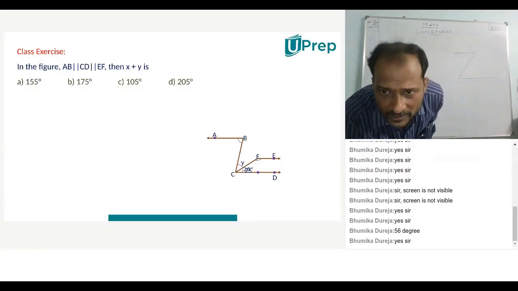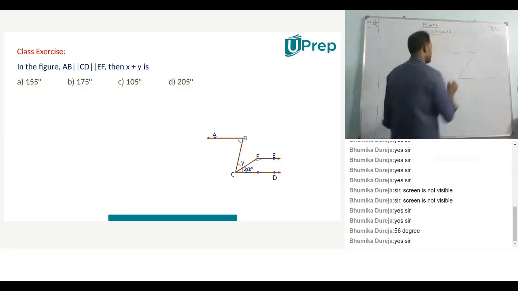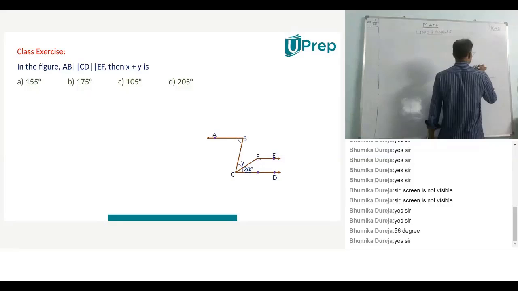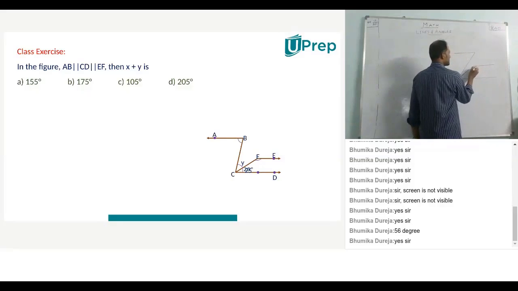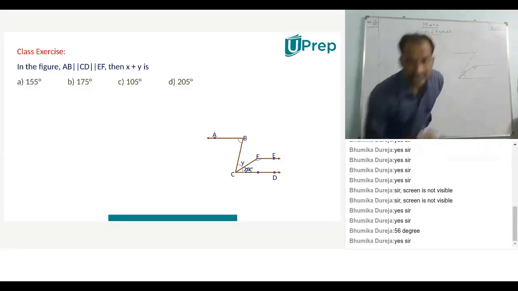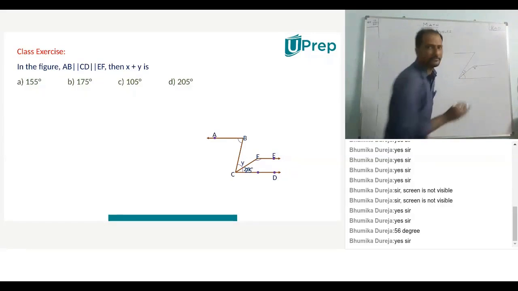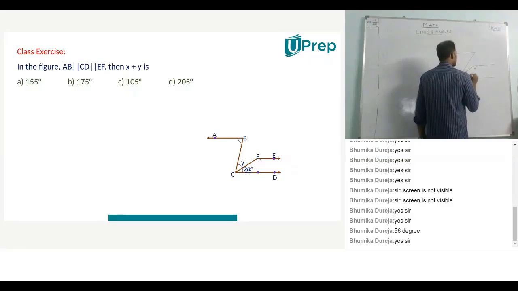X will be at the place of EFC. It is like this now. This is x. This is y. And that is given as 25. And this will be 75.